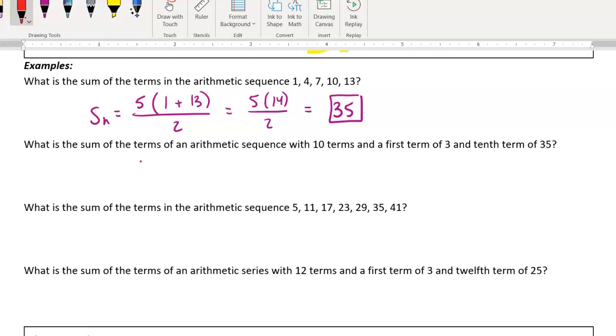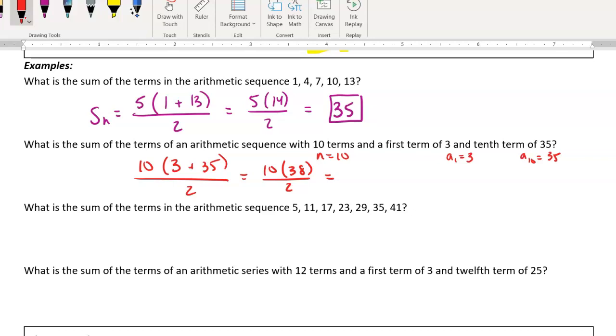So again, there's 10 terms in the sequence, so n is 10. The first term is 3, and the 10th term is 35. So when I plug those values in, we would have 3 plus 35, again, divided by 2. 3 plus 35 is obviously 38.